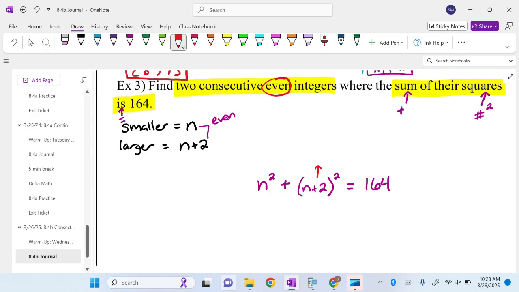What's another way I could write n plus 2 squared? How would I rewrite n plus 2 squared as an expression?